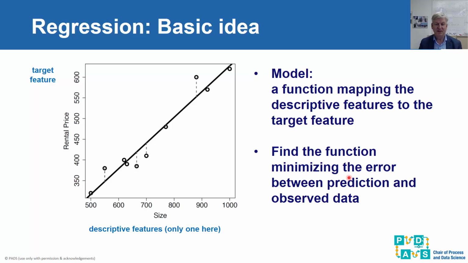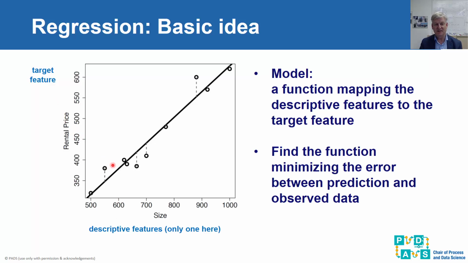So what's the basic idea? To explain it, I look at a very simple situation where we have only one descriptive feature, indicated here by the x-axis, and we have one target feature indicated by the y-axis. We would like to find the relationship between the descriptive feature and the target feature.